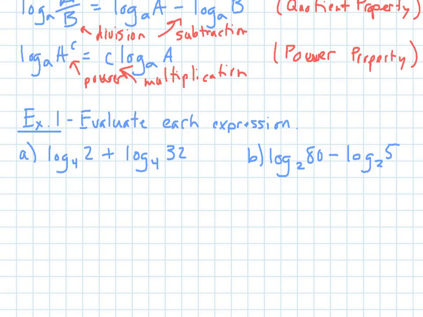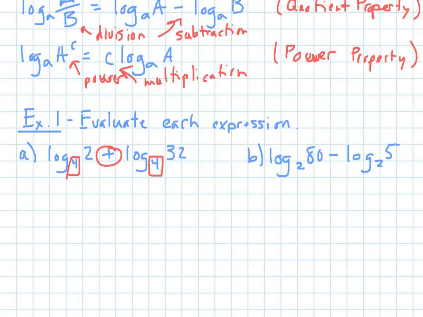So here I have log of 2 base 4 plus log of 32 base 4. I see the addition here, so that means that probably I could use the product property. Now one thing I need you to make sure of is to look at the bases first before you put things together.